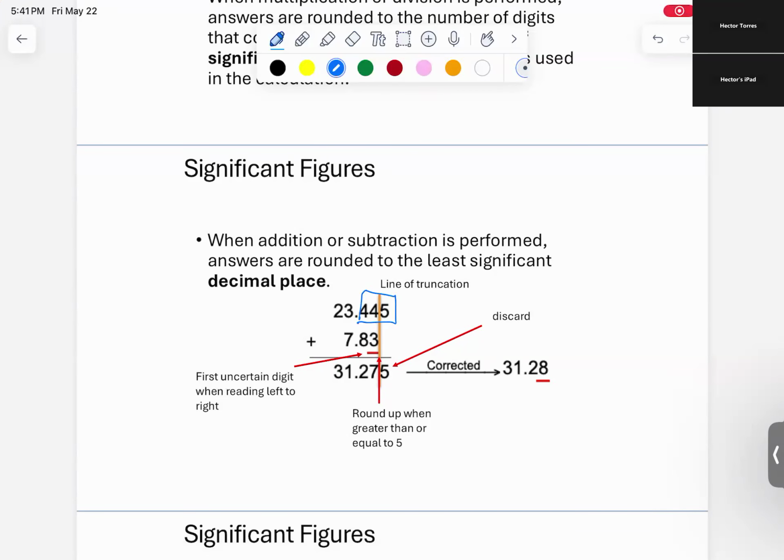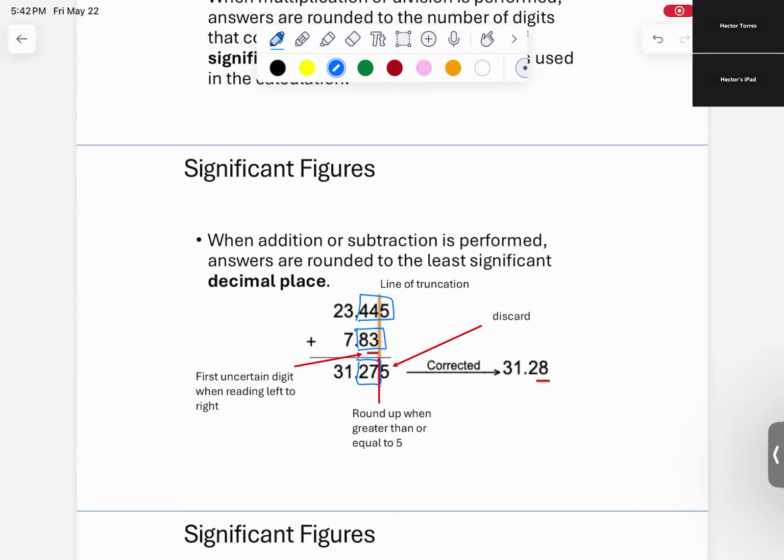This one has 3 numbers after the decimal point, but over here I only have 2. So on this one I'm a bit more accurate, but on this one I'm not. Because of that, I'm going to go with whatever my least accurate is after the decimal point.